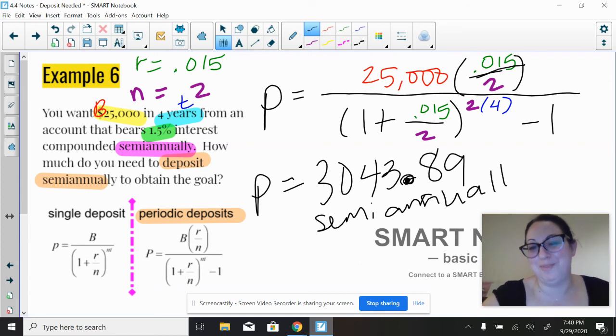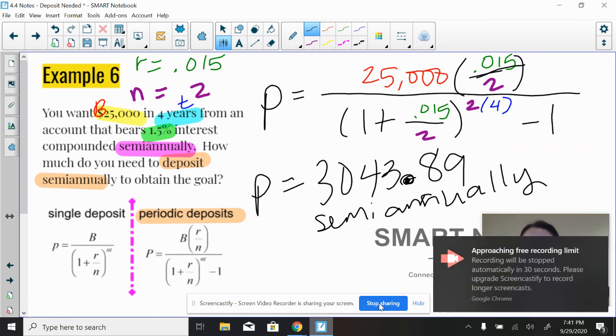So $3,043.89, and that is going to be my semi-annual deposit.